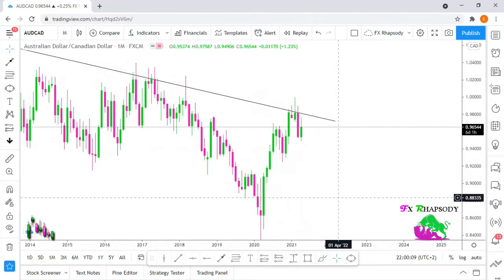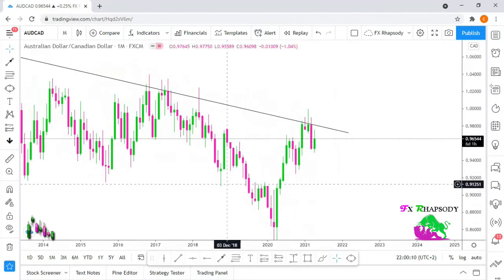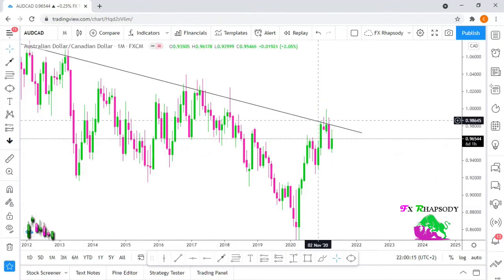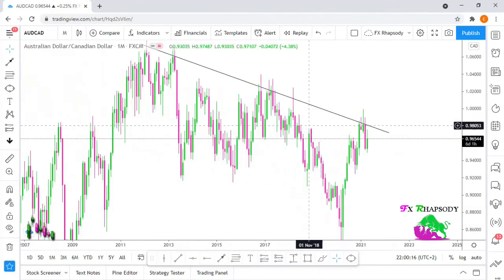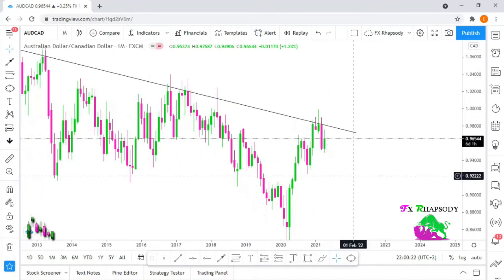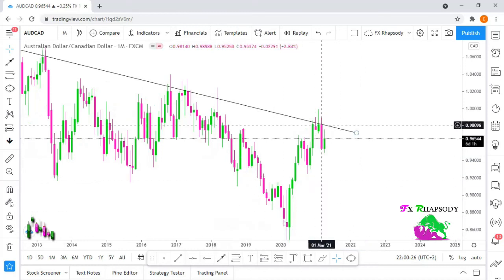So the scenario here is that because it was hit again this time, this is now, let's call it, the third time on a strong trend line. So what we're expecting is price to go to the downside.